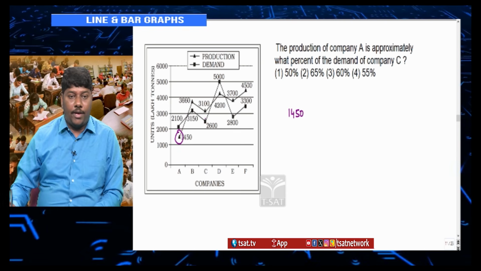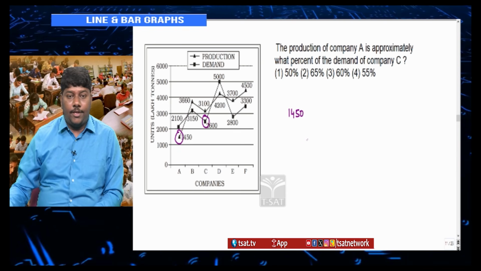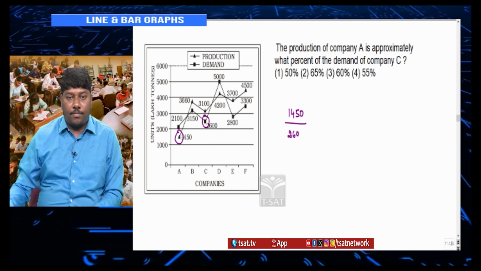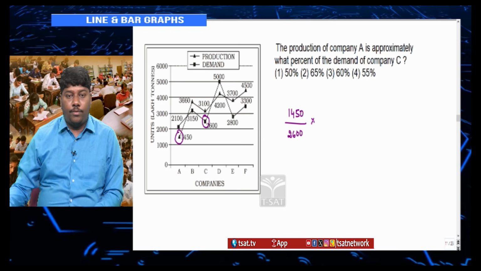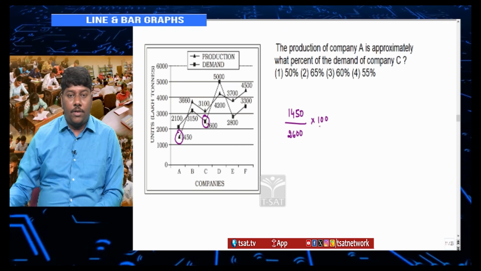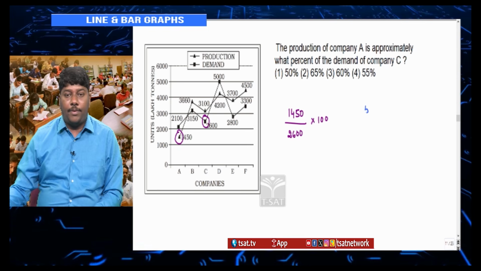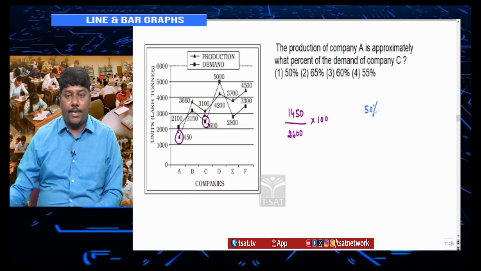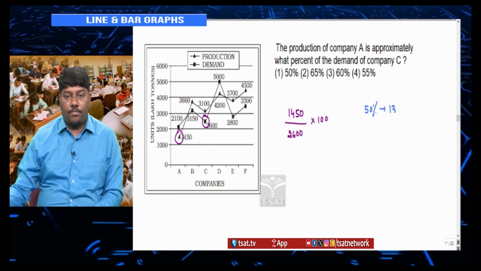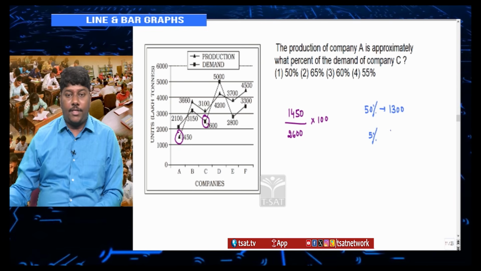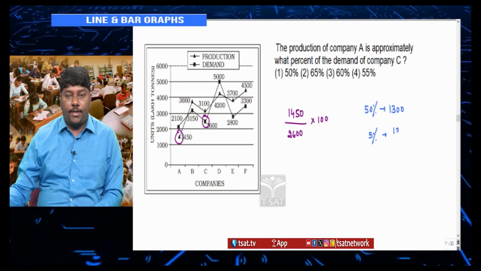Now demand is a square, C is 2600, into 100. Forget about this 100, but I would say 50% of 2600 is 1300. And what is 5%? 50% is 1300 means 5% is 130.